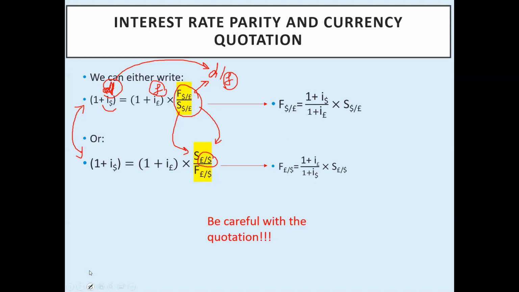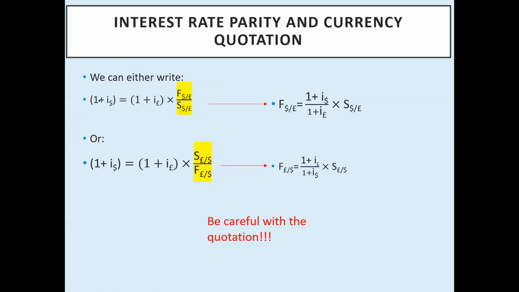For ease of understanding, I would normally stick to the first one. It's up to you, but normally I will stick to the first one because I can remember the order of the interest rate and the exchange rate.